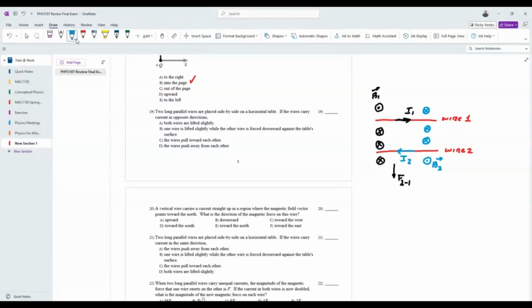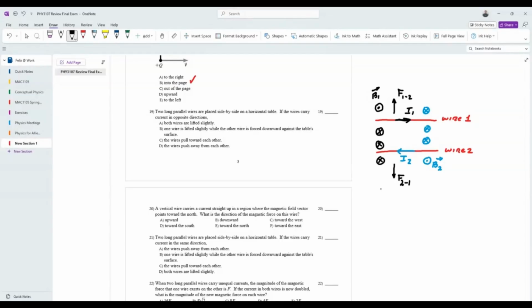Now, if you want to find the direction of the force on wire 1, you put your 4 fingers in the direction of the current 1, you fold the fingers toward the magnetic field, and you will see your thumb pointing up. So the force on 1 due to 2 would be like this.